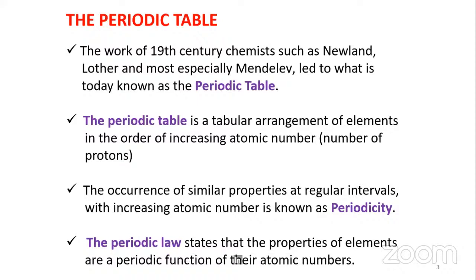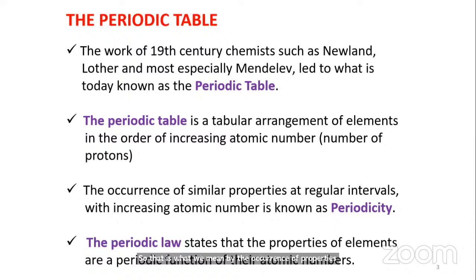And also, the properties of lithium are similar to the properties of all elements, except hydrogen, that have 1 electron in the valence shell. So that is what we mean by the occurrence of properties at regular intervals.